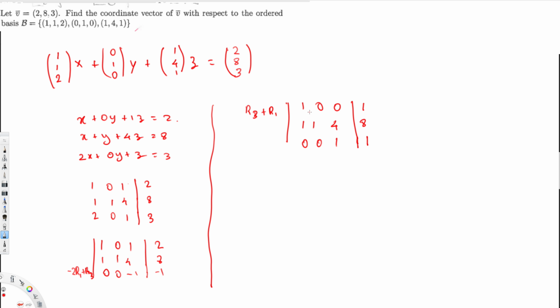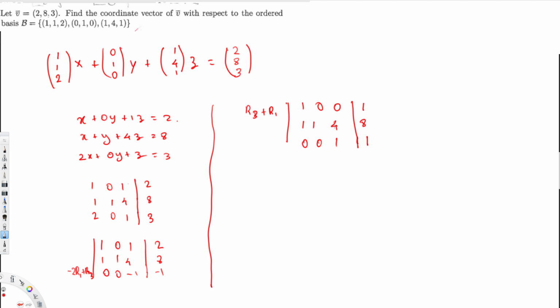Then we have reached the Gauss-Jordan pattern in the top and in the bottom, but we have to reach the Gauss-Jordan pattern in the middle. So in this case we have 1 0 0 1.